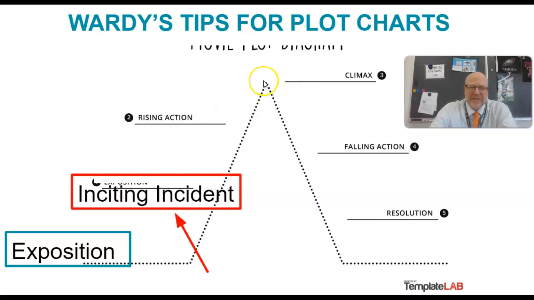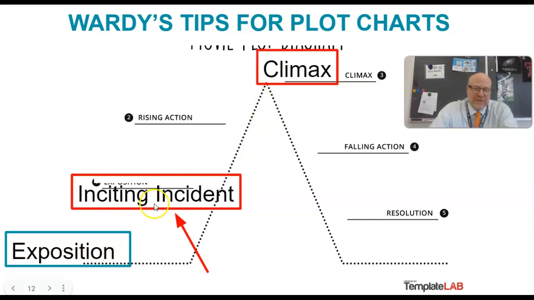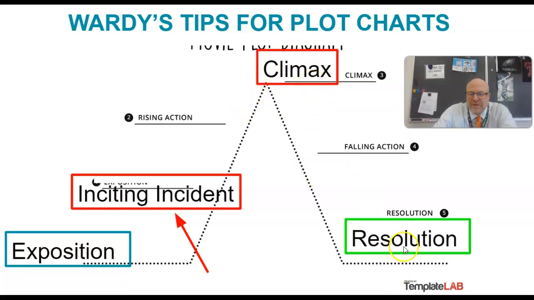How many events are there? I tend to want to do the climax first. So I go exposition, inciting incident, then the climax. What is that event where the conflict and tension explodes that leads to a resolution? Then I do the resolution. What is our outcome? What is our life lesson?